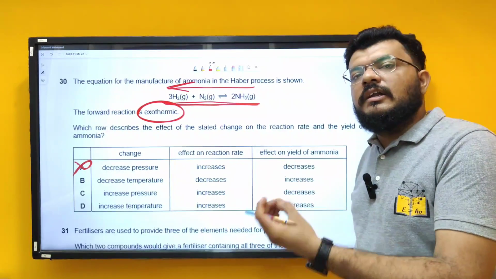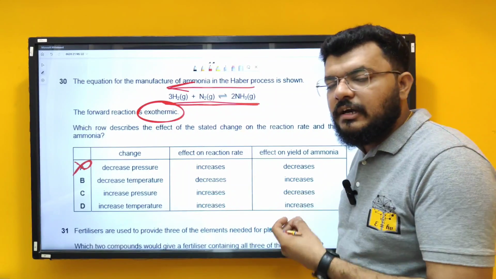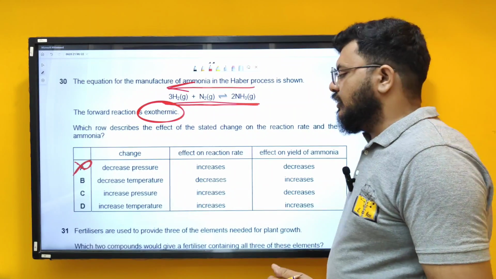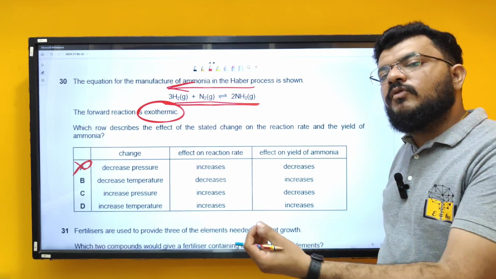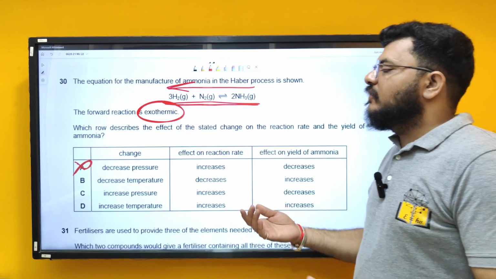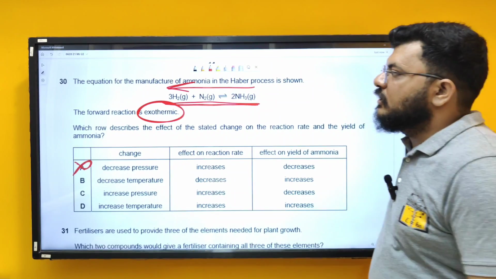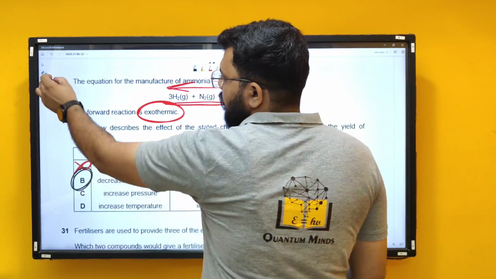It needs to give energy to the surroundings. If surroundings are colder or they get cooler, it will be effectively able to give this heat, and therefore the yield of ammonia will increase. In other words, the forward reaction will be supported more, or backward reaction will reduce more compared to the forward reaction. In any case, option B is your correct answer.